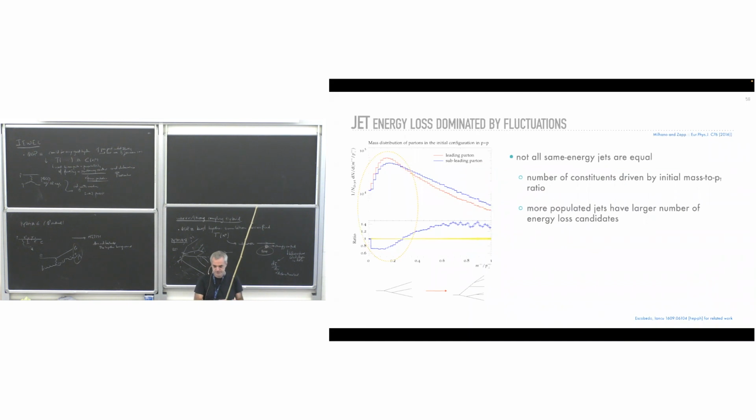So what is? It's that jets are all different. With the same PT initially, so that's fixed, but the virtuality is not. The invariant mass of the parton is not. One goes that way, the other goes to the back, they have the same PT. One can have very high virtuality, the other one can have low virtuality. The one with high virtuality will split much more, and therefore will lose much more energy.